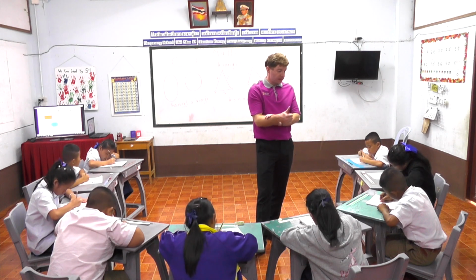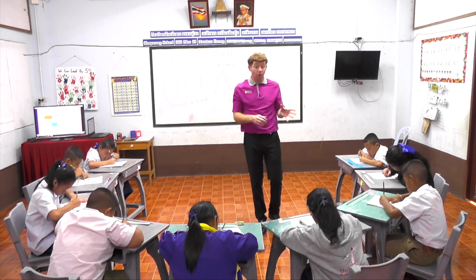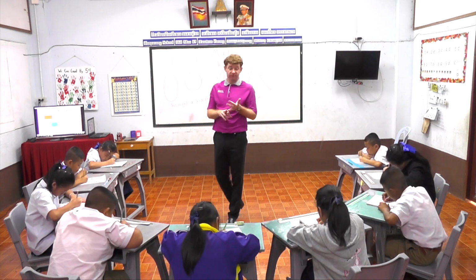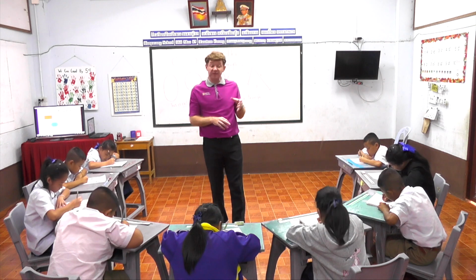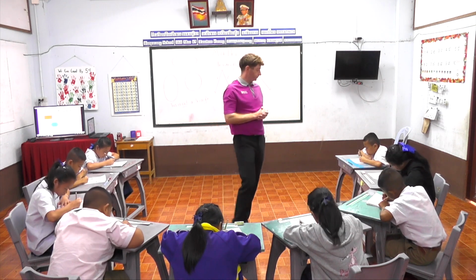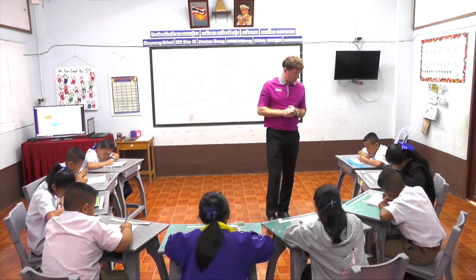Perfect. Pat, very good. Some of these shapes we've already seen before. We have circles, we have ovals. So you'll know that they are not triangles because we learned those shapes already. Excellent, Lakgao. This is a triangle.